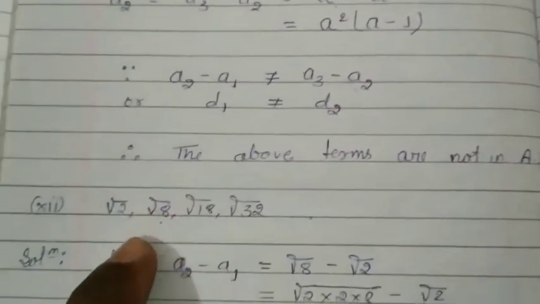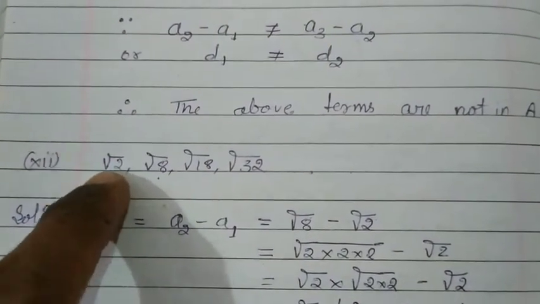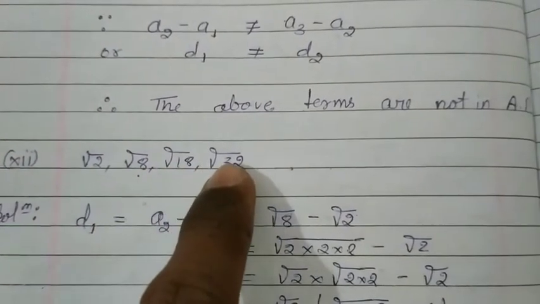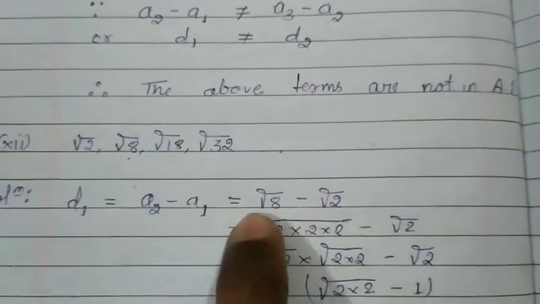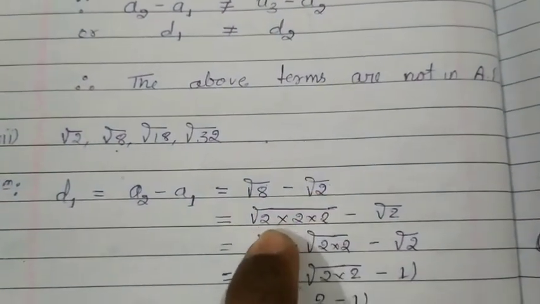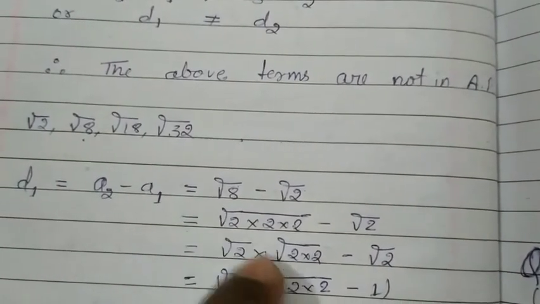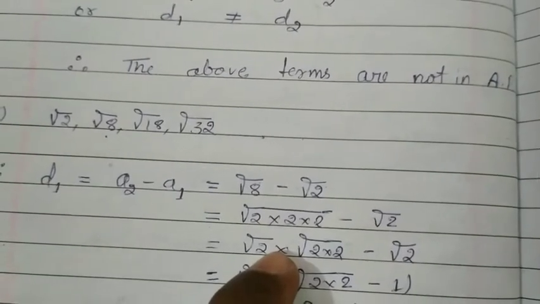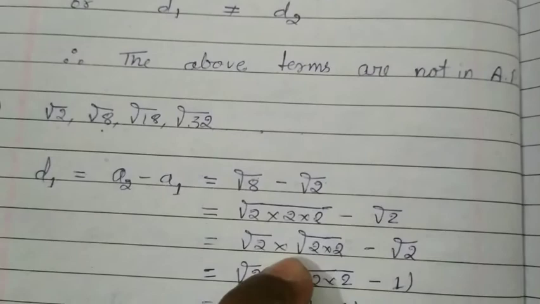Yeah. Now come to the question number 12. Here it is also under root 2, under root 8, under root 18, under root 32. So first D1 would be A2 minus A1, under root 8 minus under root 2. Yeah, we need to recall our previous knowledge about the prime factorization, about the law of exponents and powers, or indices.